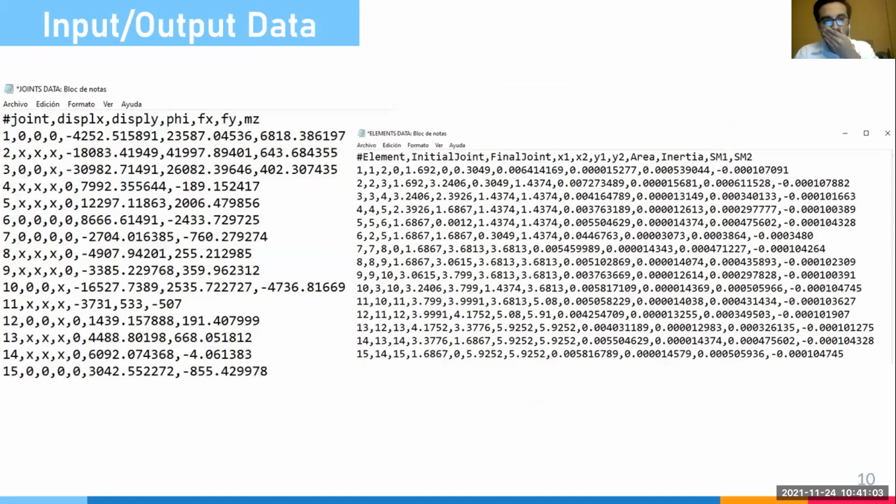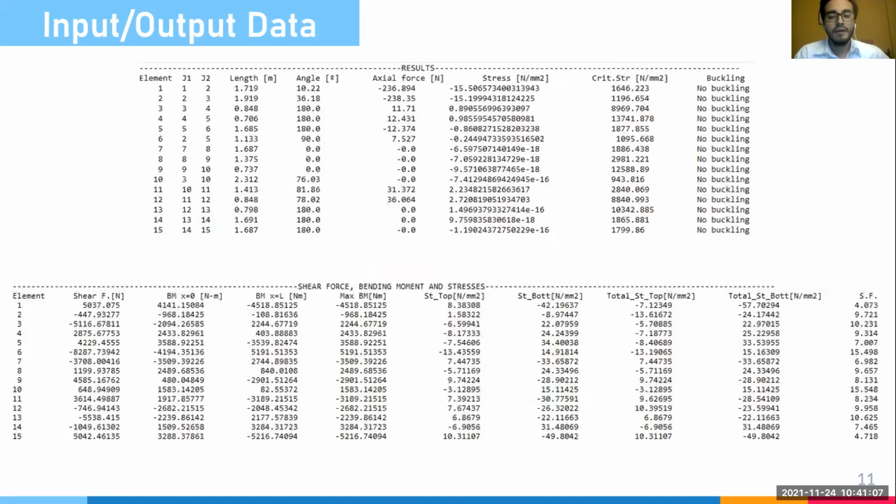Okay, these are the input and output data that I mentioned before. These are results, but the table of interest is the table low down, because for each element the program calculates the bending moment along the span of the element.